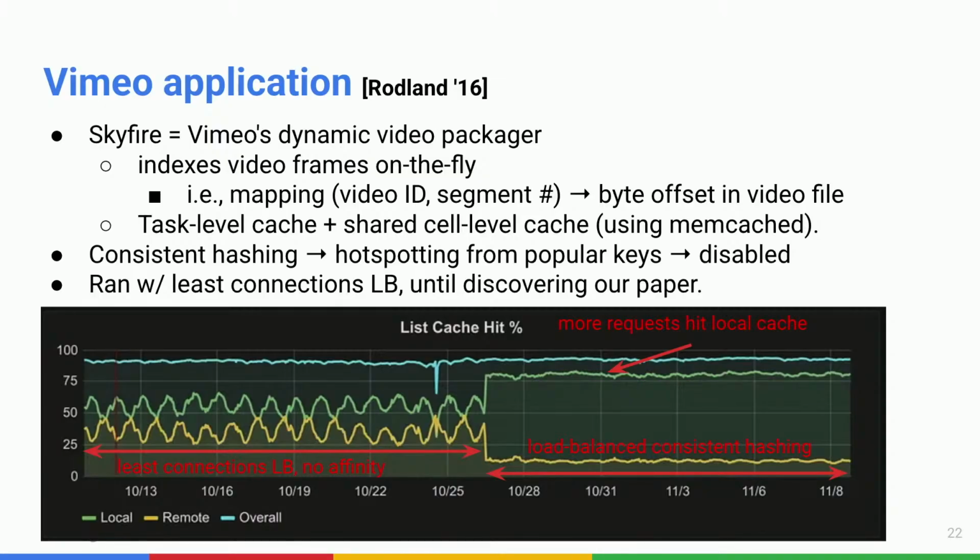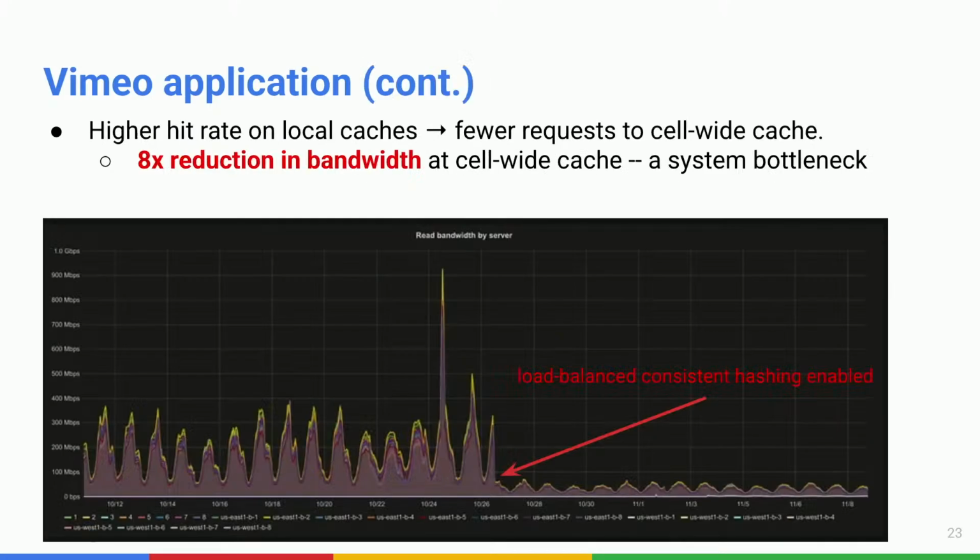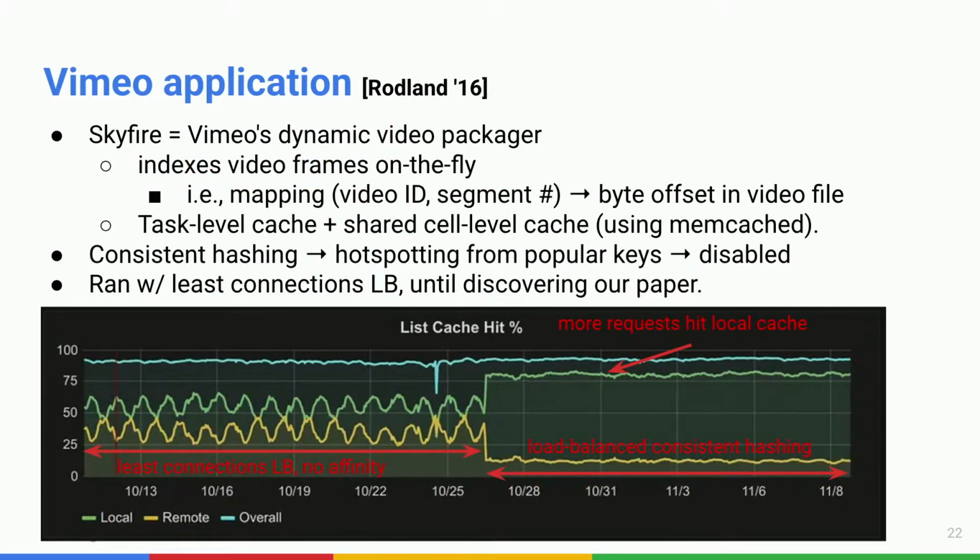And then they found this paper, and they're like, oh, this is the solution of my dreams. They implemented it, and this happened. So, okay, what's happening here? This is the overall cache hit rate for the cell, with that split between local in green, so green is good, and yellow is remote, which is not as good.